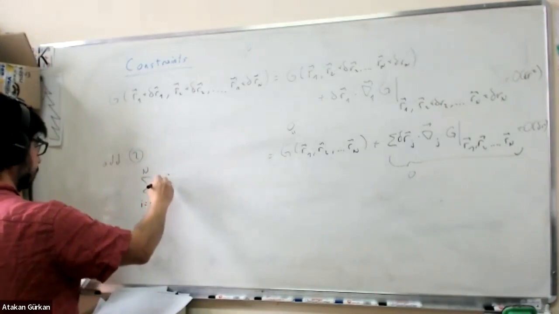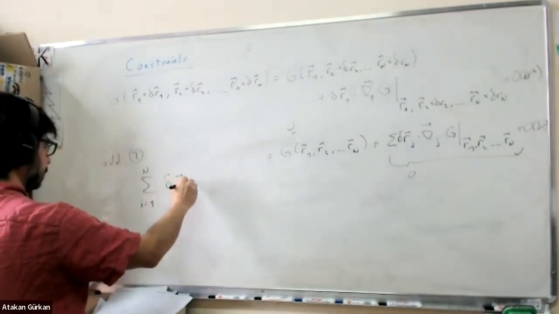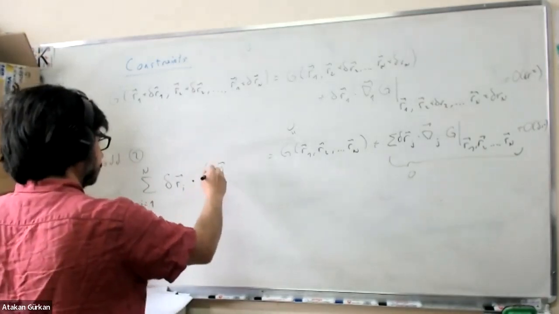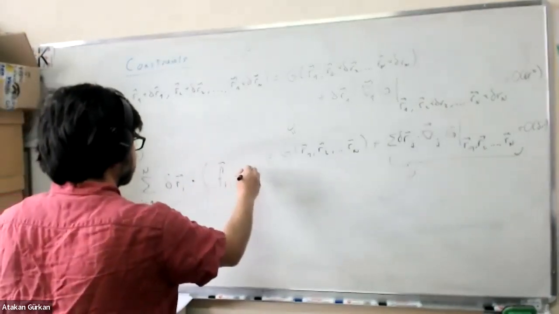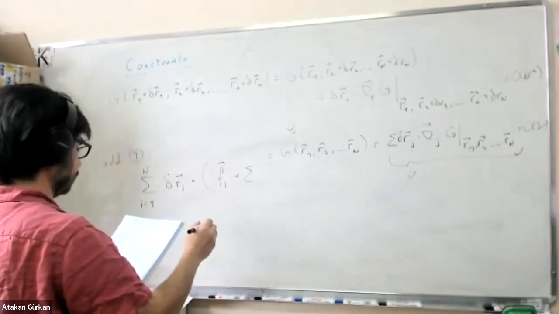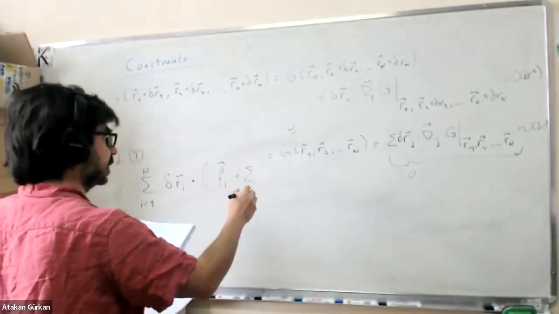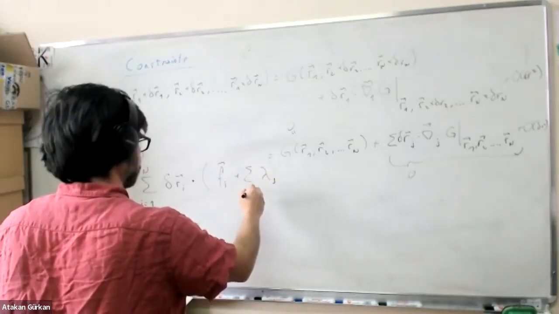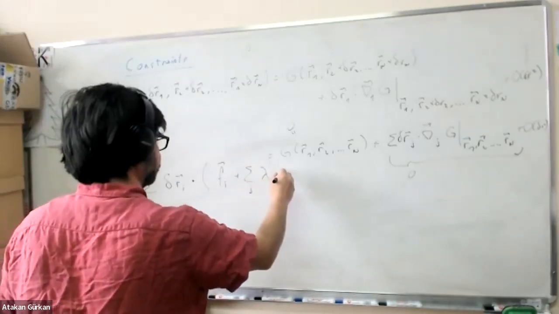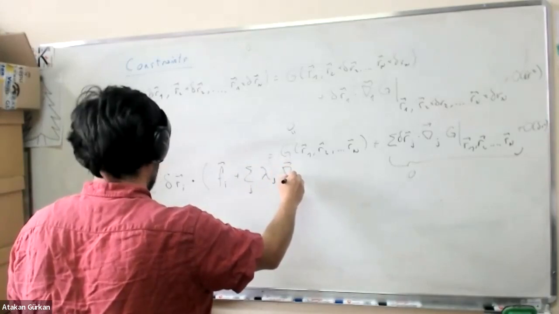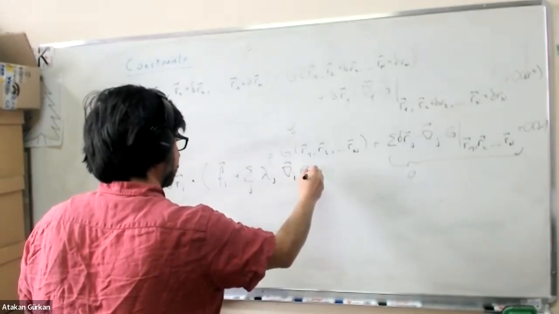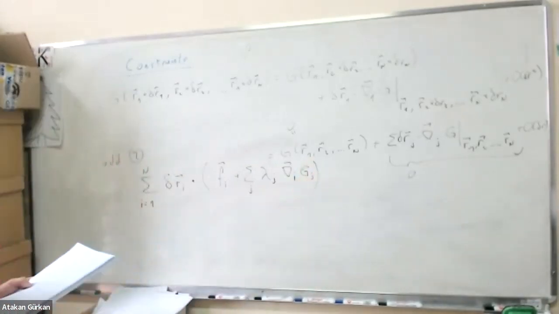And delta Rj dotted into, now there is the constraint force plus, I'm not going to just add this, but I'm going to introduce some coefficients over here, lambda j times the gradient of Gj.